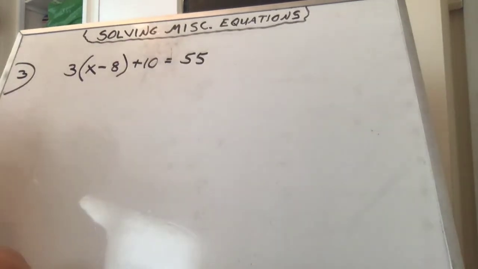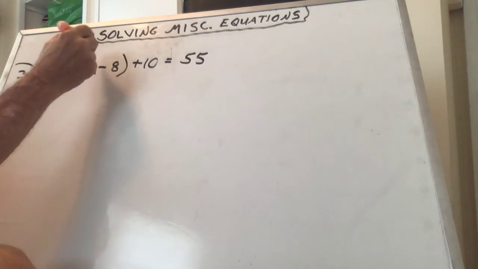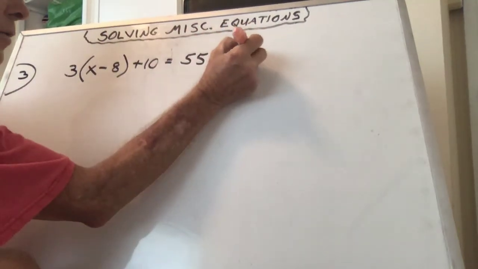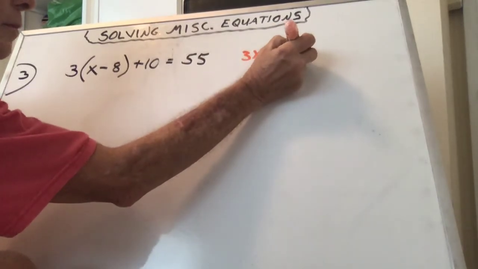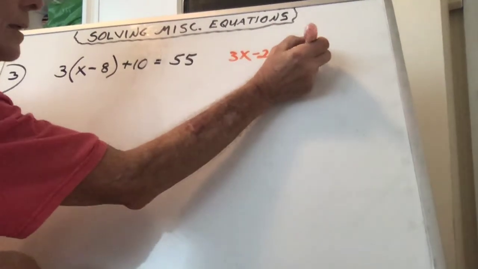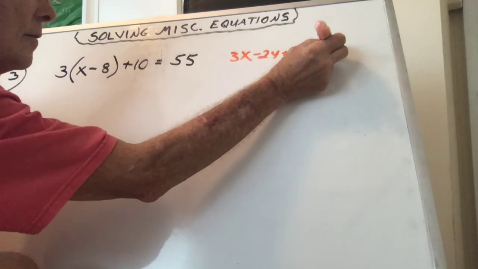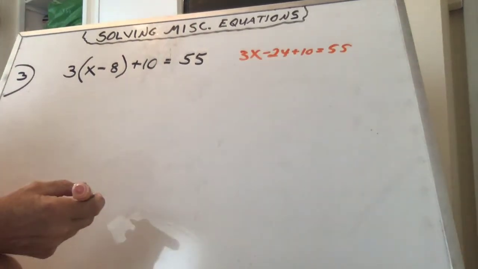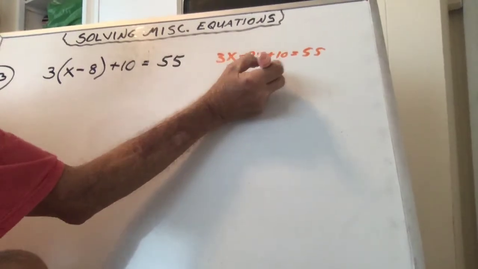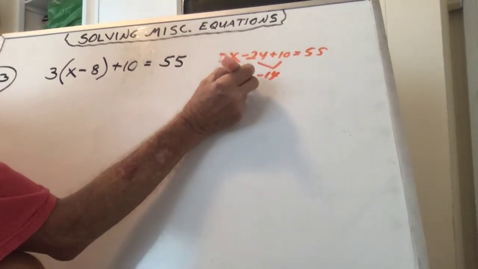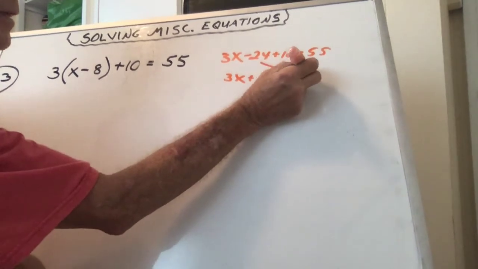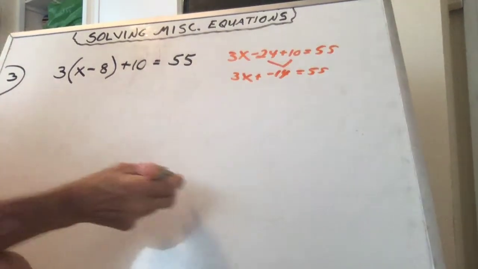So if I do the distributive property here, I will get 3x minus 24 plus 10 equals 55. Then I'll combine that. I'll get 3x plus negative 14 equals 55.